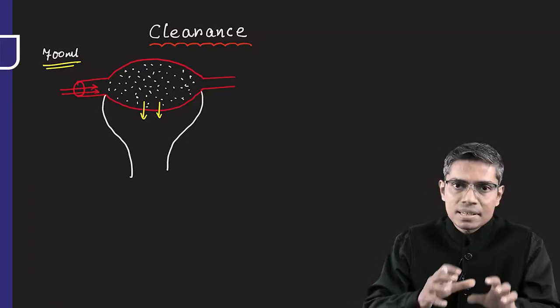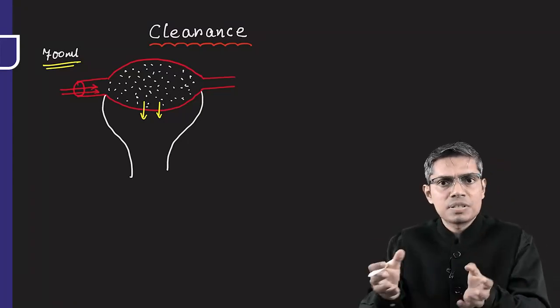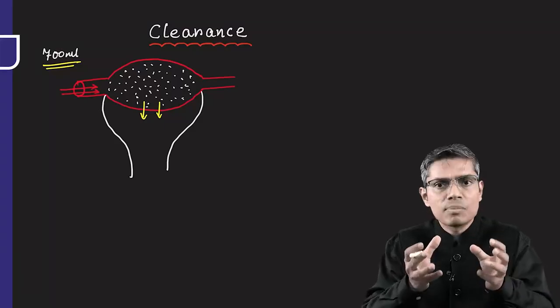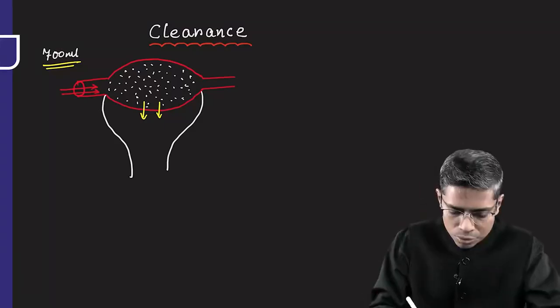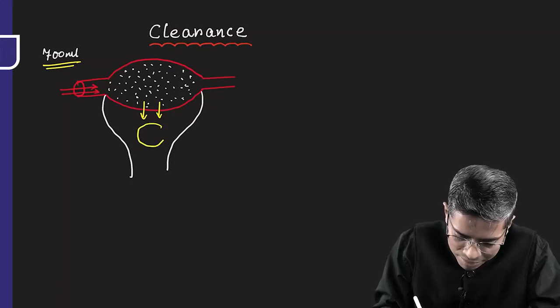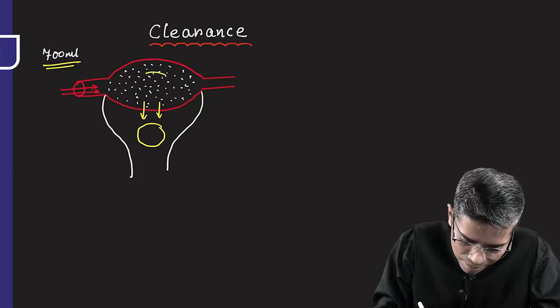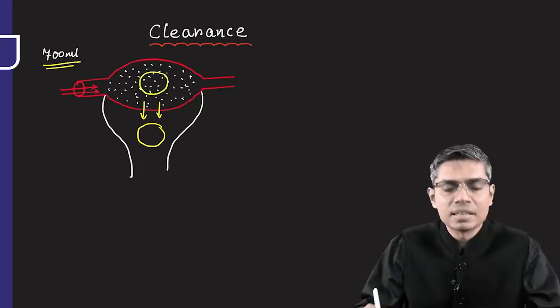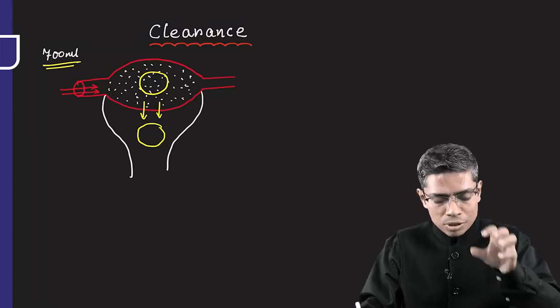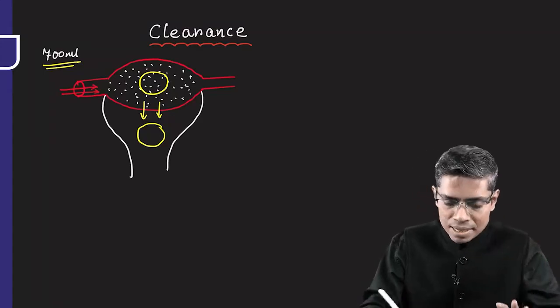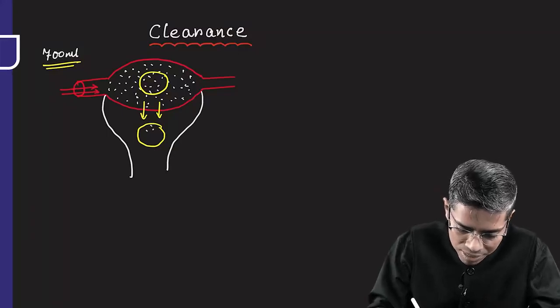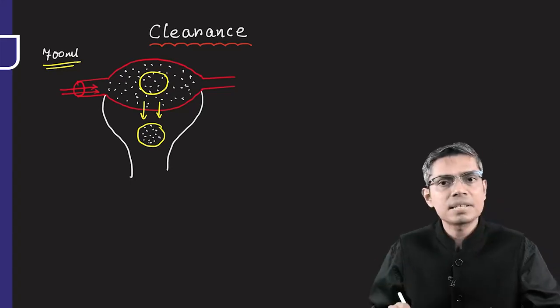Whenever a certain volume of plasma is getting filtered, where is this plasma coming from? This is coming from the plasma at the level of glomerular capillary. So whenever filtration is occurring, creatinine will also filter along with this plasma because it's a freely filterable substance.